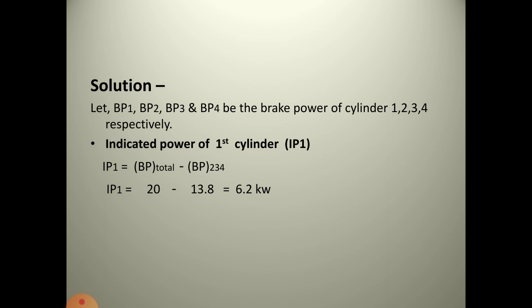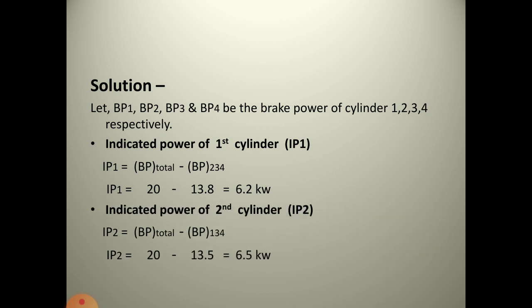So finally we get the indicated power of the first cylinder as 6.2 kilowatt. When cylinder number 2 is cut off, the indicated power of the second cylinder is equal to the total brake power, 20, minus the brake power produced by the remaining cylinders 1, 3, 4, which is 13.5. Their subtraction is 6.5 kilowatt.